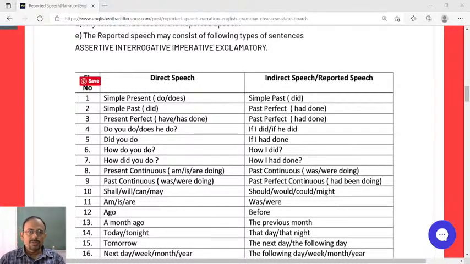So literature, dear students, as I told you, it will be multiple choice questions. I have given you two extracts from poems, and you have to answer any one of the extracts.